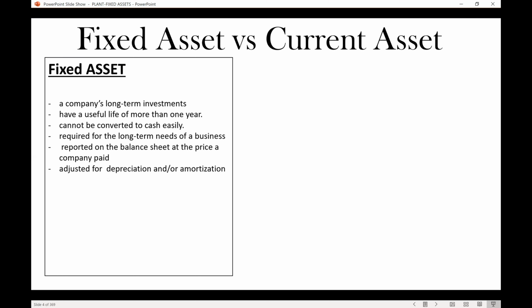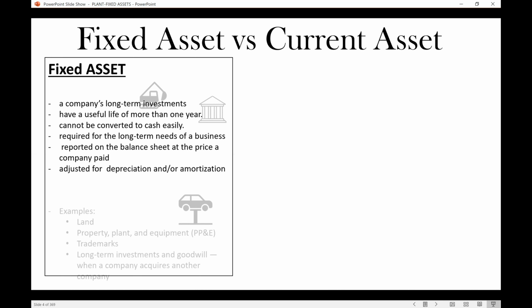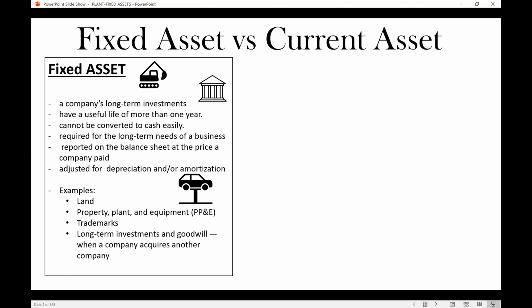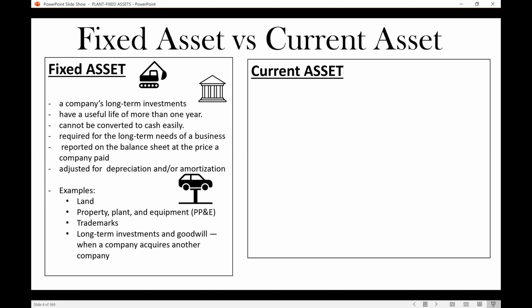Remember, before we spoke about that, they're entered on the balance sheet at cost less the depreciation expense. Some examples of fixed assets: you have land, property, plant and equipment, motor vehicles, trademarks, long-term investments, and goodwill.